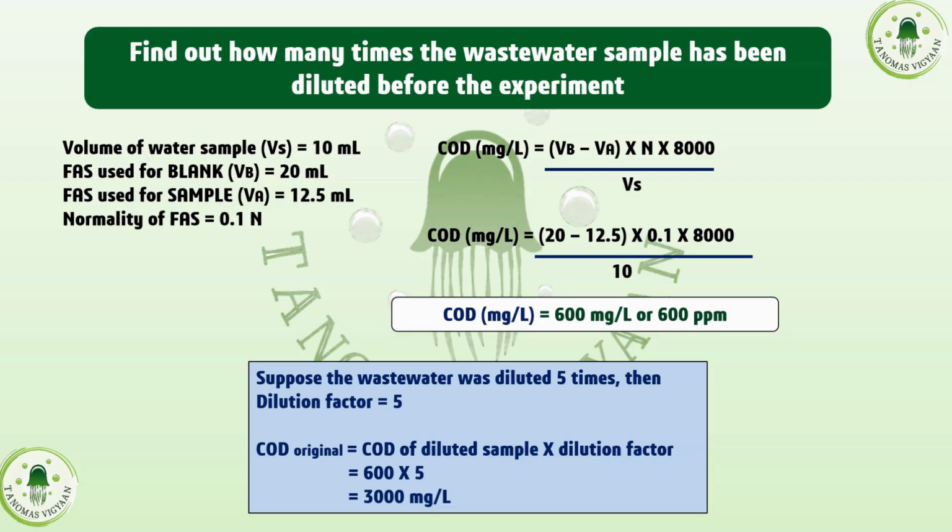So this is the COD of your original sample. Clear? So this is how you do the calculation of the COD in case you are diluting. You just multiply by the dilution factor. For the BOD it was different, and for COD this is different. So you check this calculation part very carefully and do not intermix them.